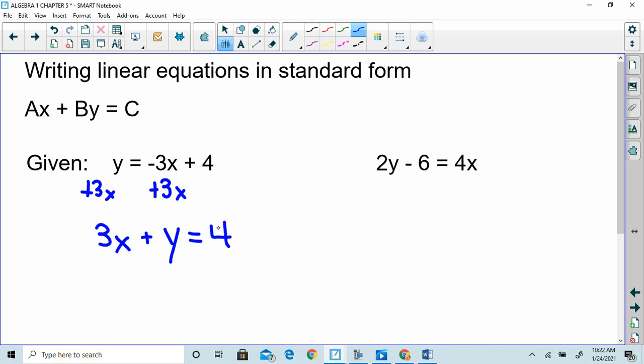Getting it in the form of ax plus by equals c, we need to move the constant in this direction and the x term in that. So I'm going to have to do a little bit of movement here. I'm going to be subtracting 4x. I'm going to be adding 6.